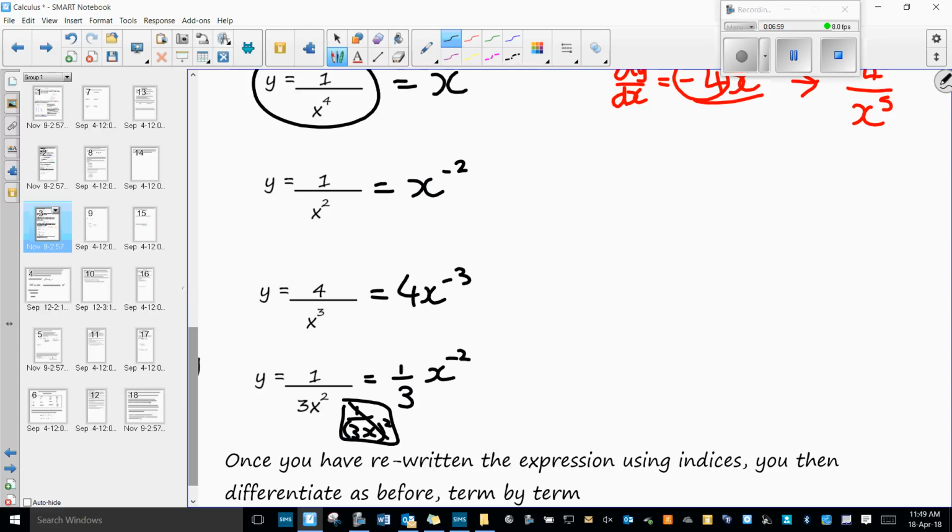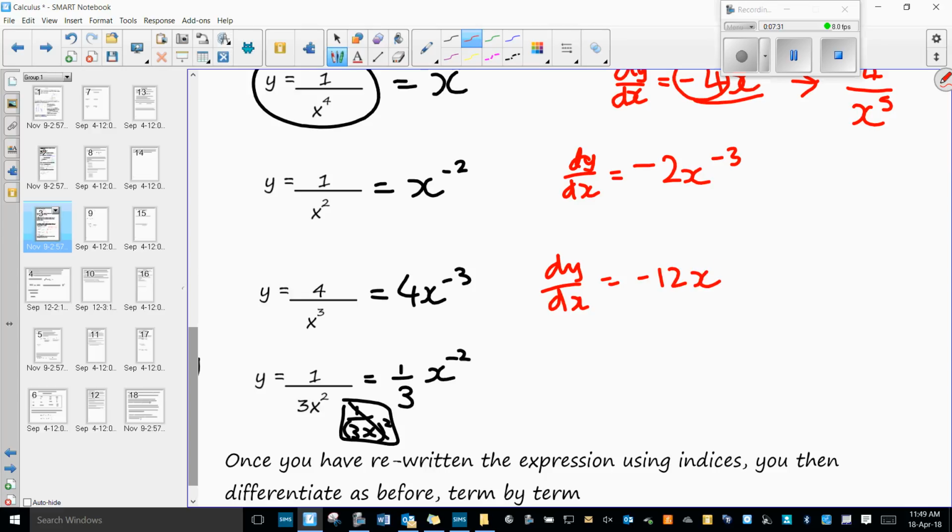So once we've written them, let's carry on and differentiate them all. They're all y equals. It's a bit annoying, sorry. So dy dx. What would this one be? Negative 2x to the negative 3. Nice. What's the next one? Negative 12x.